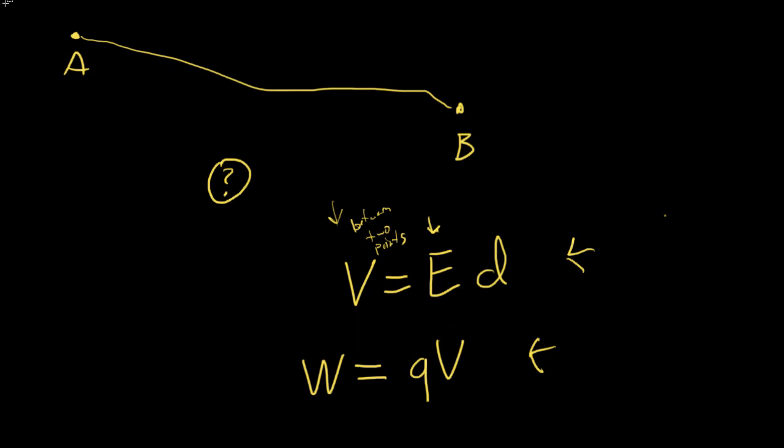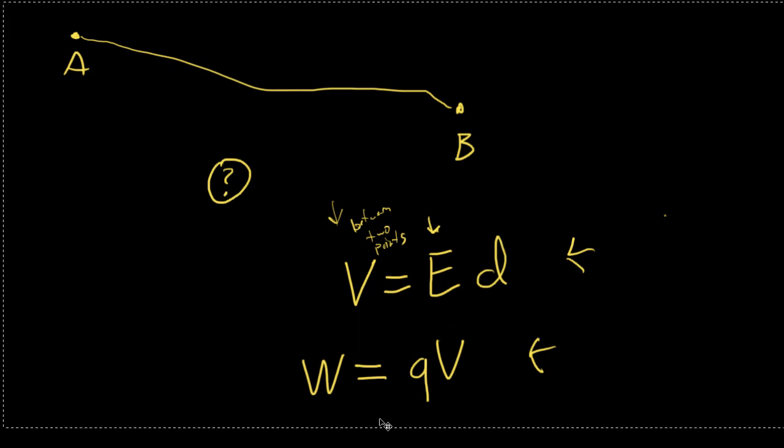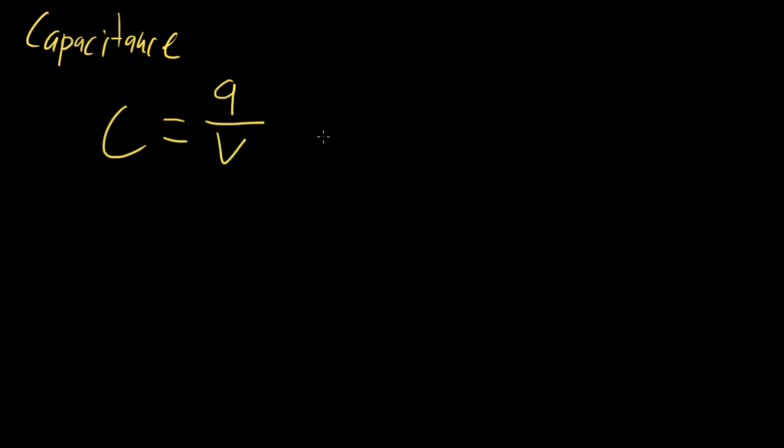Okay. Last thing we need to talk about is capacitance and capacitors. Capacitance, which is a variable C, is the ratio of charge to voltage.